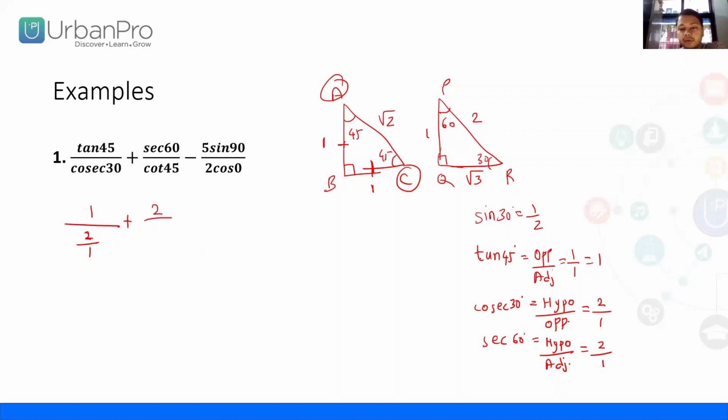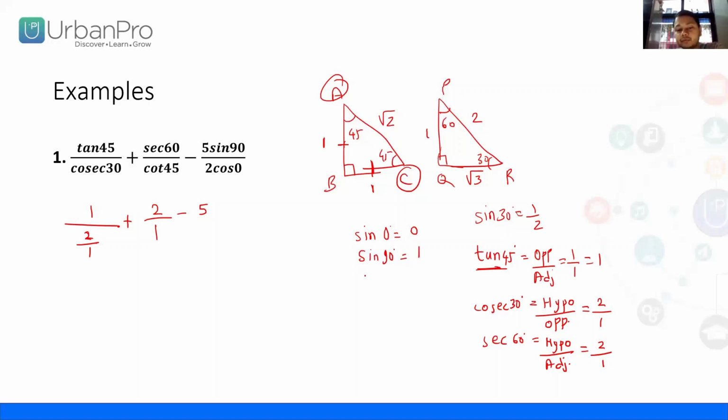Then cot 45. As we found tan 45, it will be the inverse of tan 45. So if tan 45 is 1, the inverse of 1 will be 1 by 1, so you can directly write 1. Now there is a 5, then sine 90. I gave you one trick for sine. We have to consider first sine and 0. Sine 0 is 0. So if sine 0 is 0, then sine 90 will be 1.